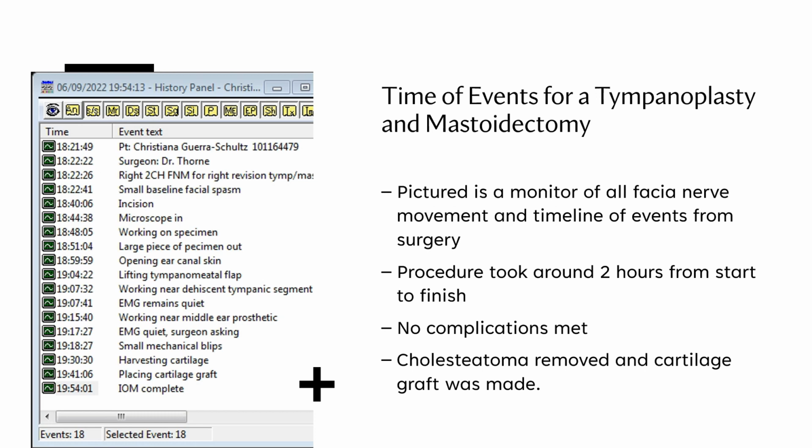The only problem that they had was a small facial spasm before the start of the surgery, and that was called a baseline facial spasm, as they were monitoring my face and they had nodes all over. They put those on when I was sleeping, and it was to make sure that they did not cut off the facial nerve, which would cause facial paralysis.